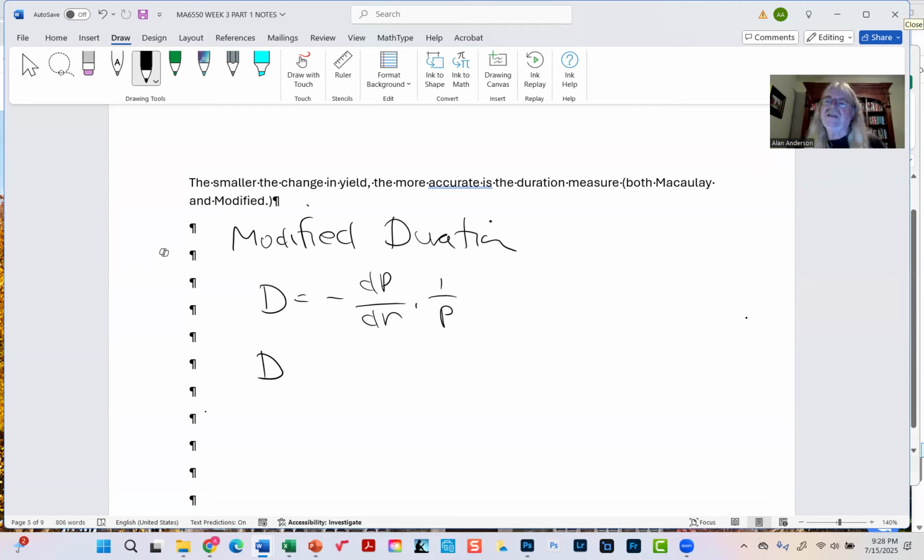Okay. All right. So I said it right there. Those are differentials. In practice, in order to calculate the duration like this or its approximate impact, we're going to write this as negative delta P over delta r times 1 over P.